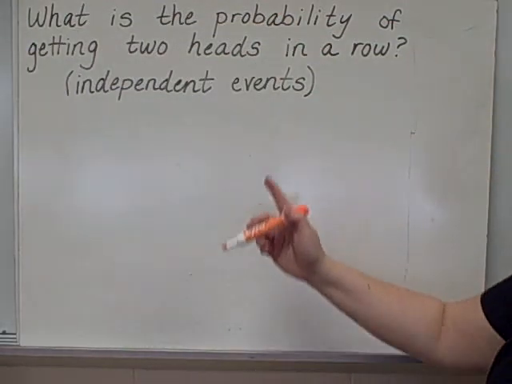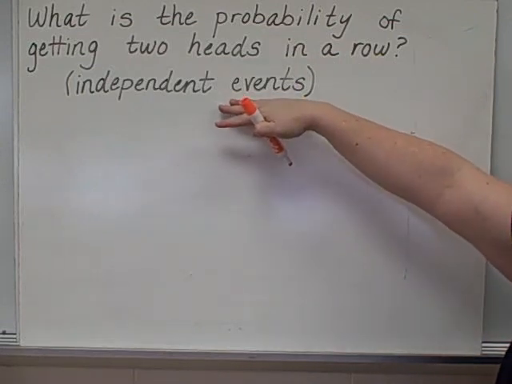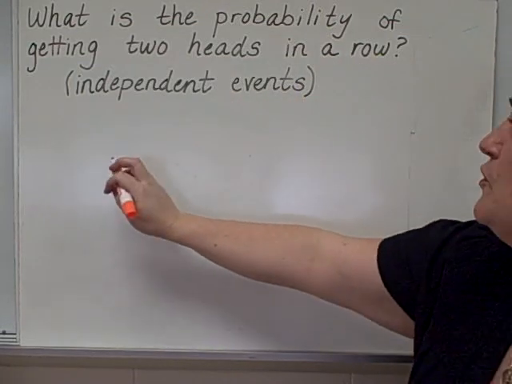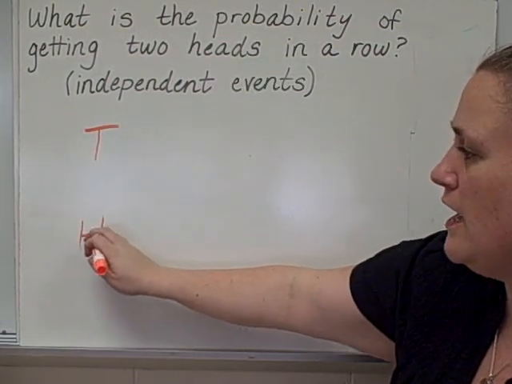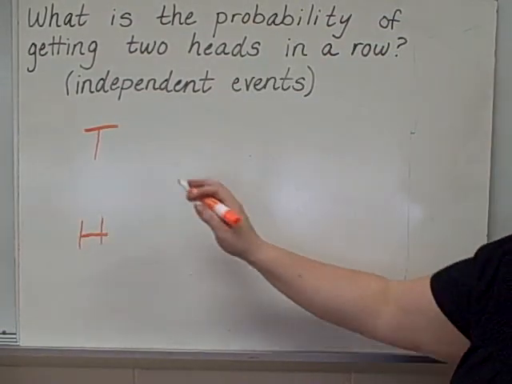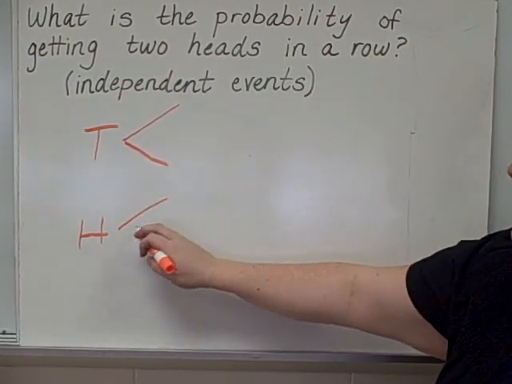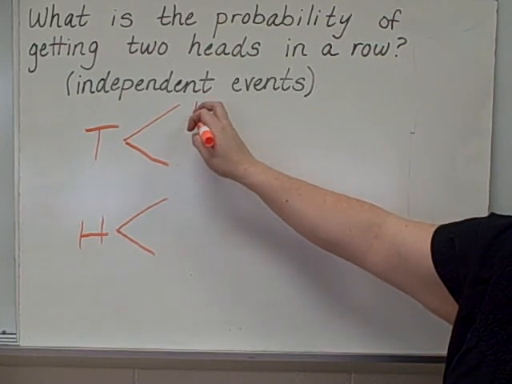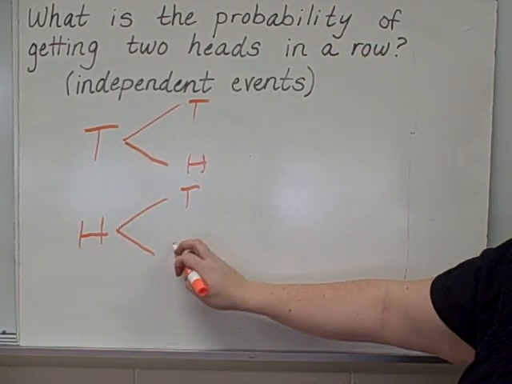So what is the probability of getting 2 heads in a row? This is also independent. Well, first, I could get a tails or a heads. Okay? Then on my second flip, I can again get a tail or a heads.